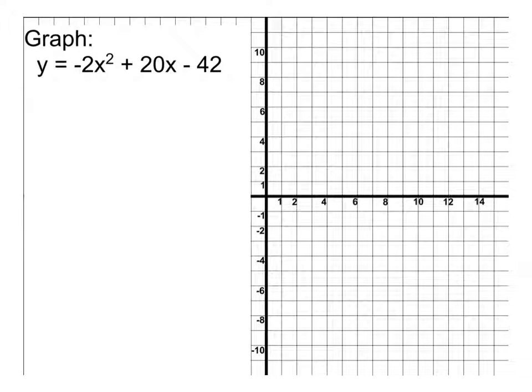As soon as you see standard form and you know you need to graph it, I hope that your mind automatically goes to x equals negative b over 2a. If you're going to graph from standard form, you have to use that formula.